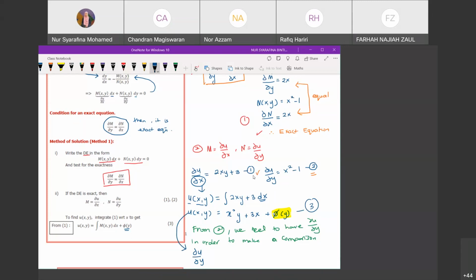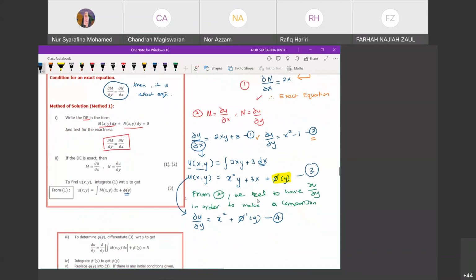So from the third equation, you have u. Now again, differentiate with respect to y. So you should have x squared plus psi prime y. Understand or not? Now you can compare the third and second and fourth.